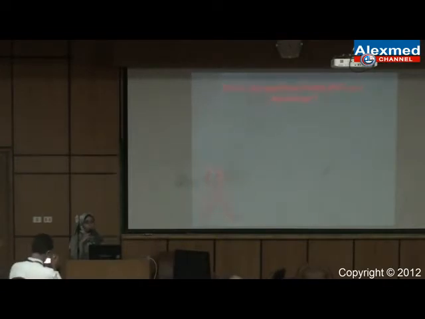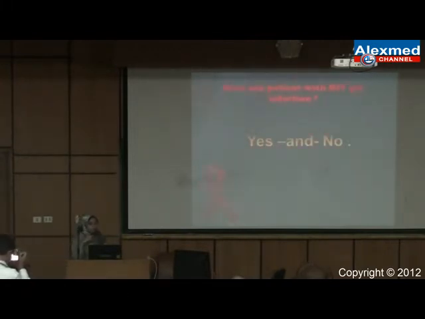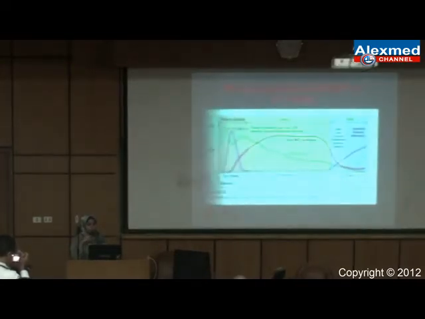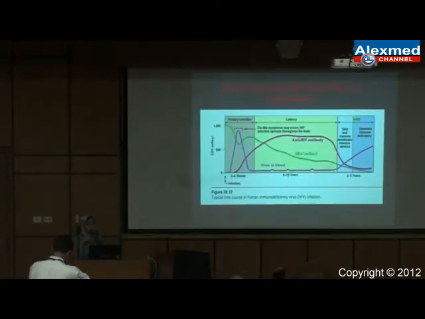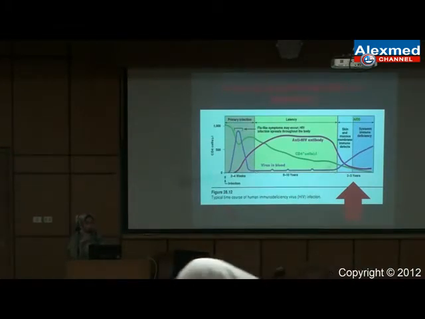So does any patient with HIV get infections? The answer is yes and no. The answer is yes because, as we all get infections, this person can get infections. But no. Before answering this question, we have to take a quick look at the stages of HIV infection. As Dr. Faya has said, we have the primary infection, then the latency, and then the two stages in which I'm concerned about.